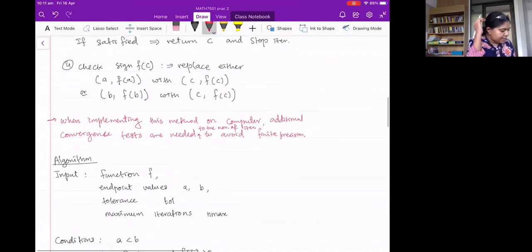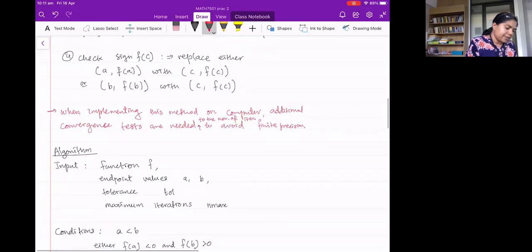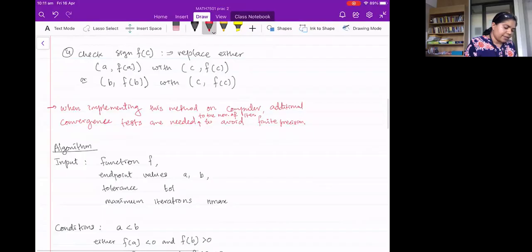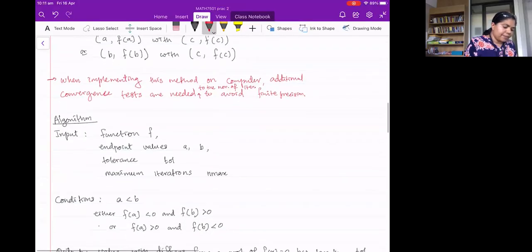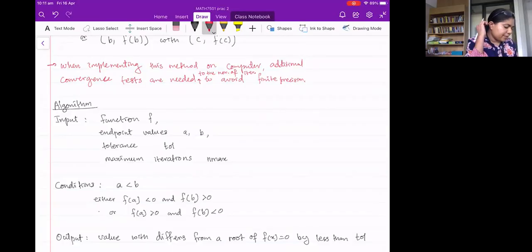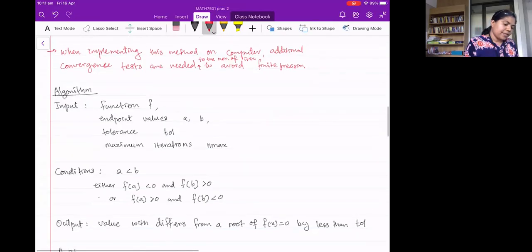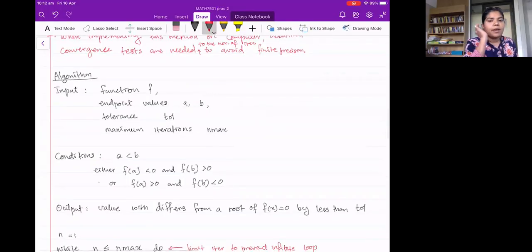Otherwise, in the next step, we check the sign and replace either the point A, f(A) with C, f(C), or the other way around. When implementing this method on a computer, you need additional convergence tests on the number of iterations to avoid finite precision problems.